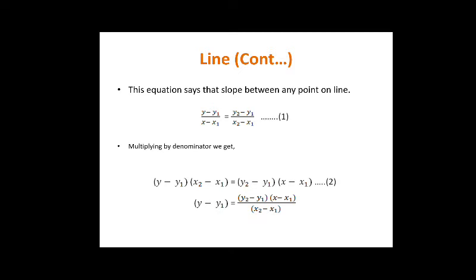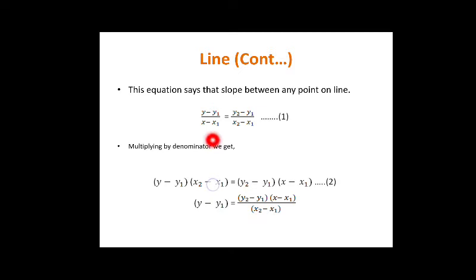What I want is y is equal to mx plus b, so y should be on one side and all the other terms on the other side. I take x2 minus x1 into the denominator on the other side, so the equation will be y minus y1 is equal to the right-hand side divided by (x2 minus x1).